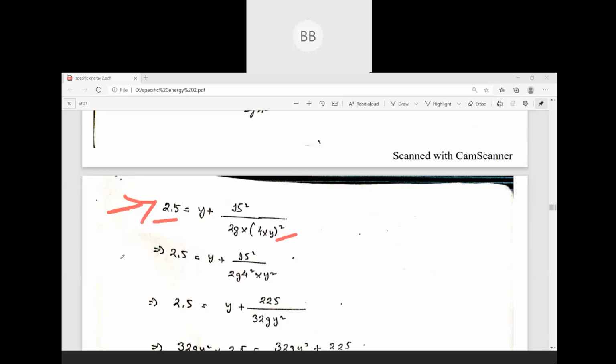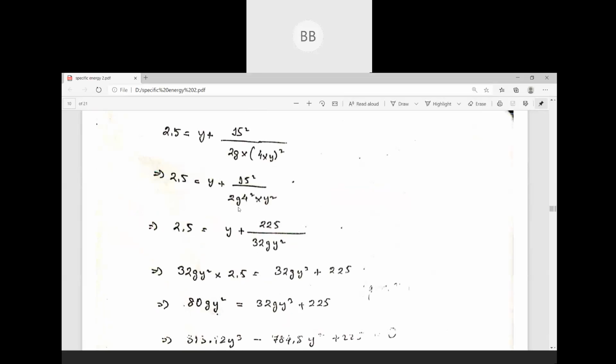So definitely you have one equation. If you see this equation, you have only one unknown, that is your Y value. So you just try to solve. It depends on you how you are going to solve this equation. There are various methods, or you can directly use your calculator to solve it.